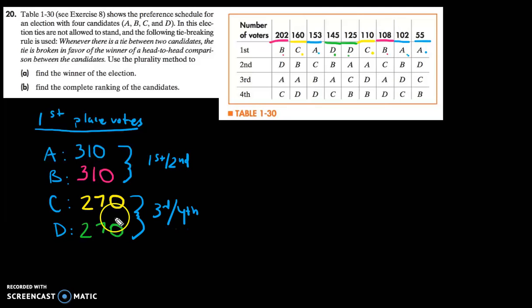No matter what happens in the head-to-head matchup, say D can't get first, they didn't have enough votes to begin with. So the head-to-head thing is only for the tiebreaker. So we're just deciding between these two who's first and second, and then between these two who's third and fourth.